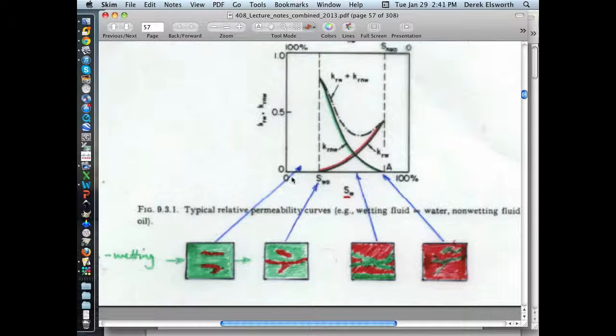So when it's full of green fluid, the transmission of the green fluid is almost perfect because you'll be 100% saturated with the non-wetting fluid, 0% saturated with the wetting fluid, and therefore the relative permeability curve would give you perfect transmission because the multiplier on permeability would be 100%. But the permeability to the wetting fluid, in this particular case the water, because it's not connected across the system, in fact this red stuff isn't there at all at this point, there's no permeability to it at all. So multiplying the permeability by the relative permeability of 0 gives you no effect. And that's really all relative permeabilities are.